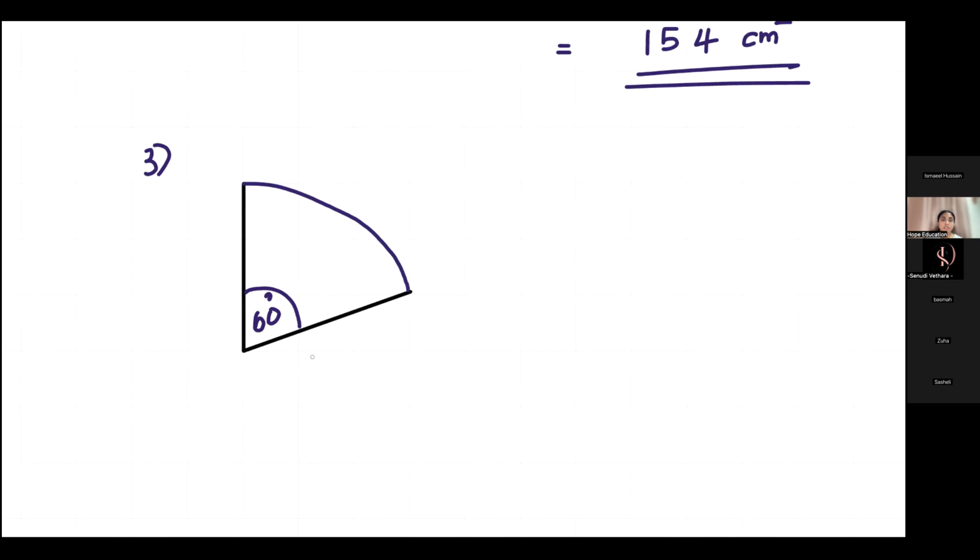Let's say the radius is 14. Now, can you all find the area alone? Use the formula and then do the simplification. Quickly find the area.